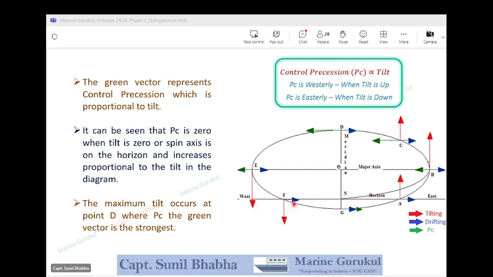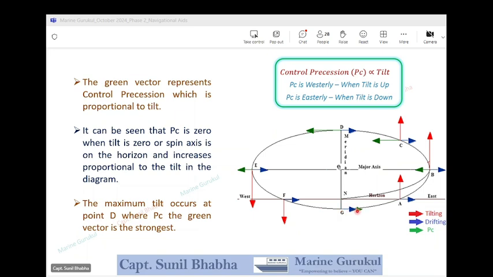Moving further, when you go from Foxtrot to Golf, the Golf point has a downward tilt, meaning it is below the horizon. The spin axis is pointing below the horizon, so the tilt is down. Now with the tilt down, the control precession is generated, but it acts in the easterly direction, because we know from the control precession formula that the control precession acts easterly whenever the tilt is down.